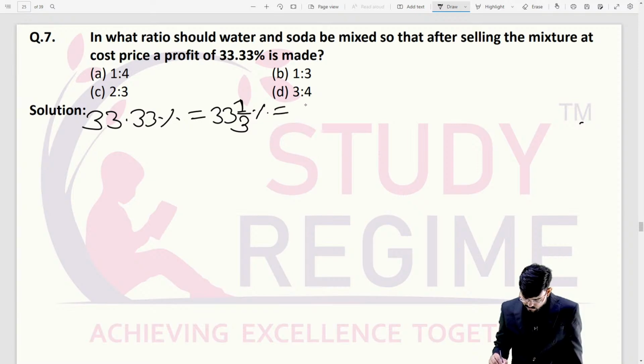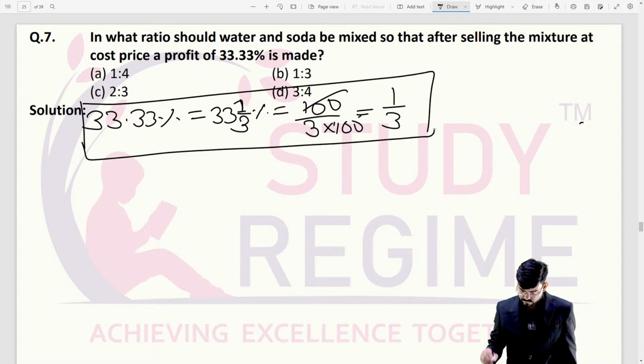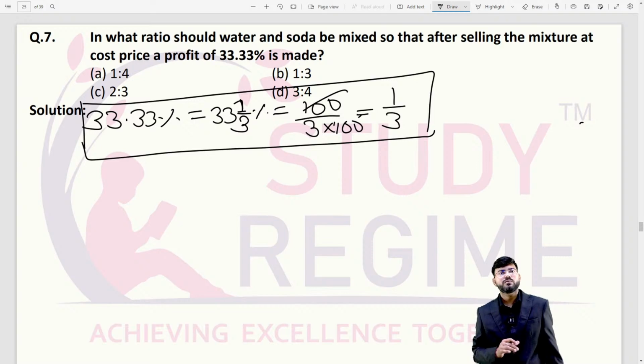You can write it down like this: 100 upon 3 into 100, and 100 gets cancelled out, so you can write it down as 1 upon 3. If you want to convert percentage into fraction, you will get 1 by 3.